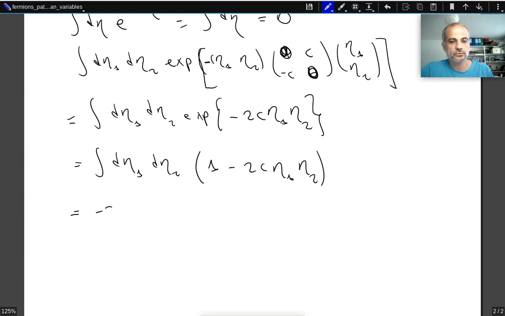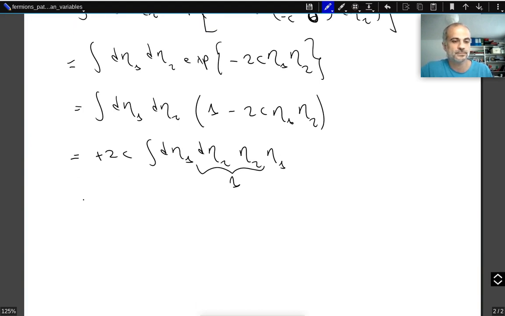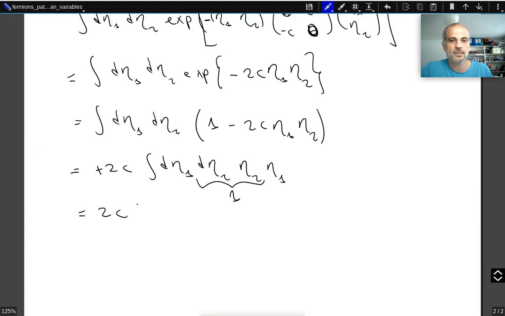So it's minus 2c, the integral d eta 1 d eta 2 of eta 1 eta 2. Let me exchange their position, which brings another minus sign. So this is plus eta 2 eta 1. Now the eta 2 integral is 1, and what we are left with is just the integral of eta 1 d eta 1, which is also 1. So this is equal to 2c.